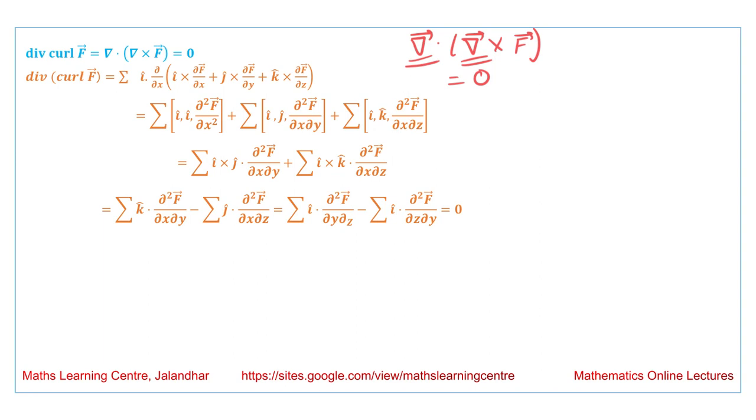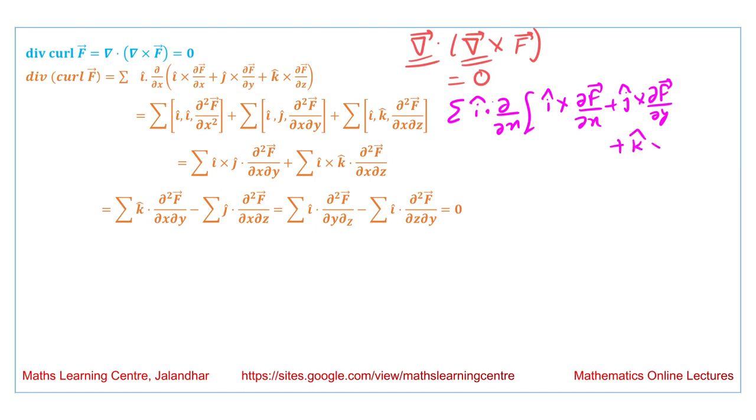So the proof goes like this: sigma i cap cross ∂/∂x into i cap cross ∂f vector/∂x plus j cap cross ∂f vector/∂y plus k cap cross ∂f vector/∂z.